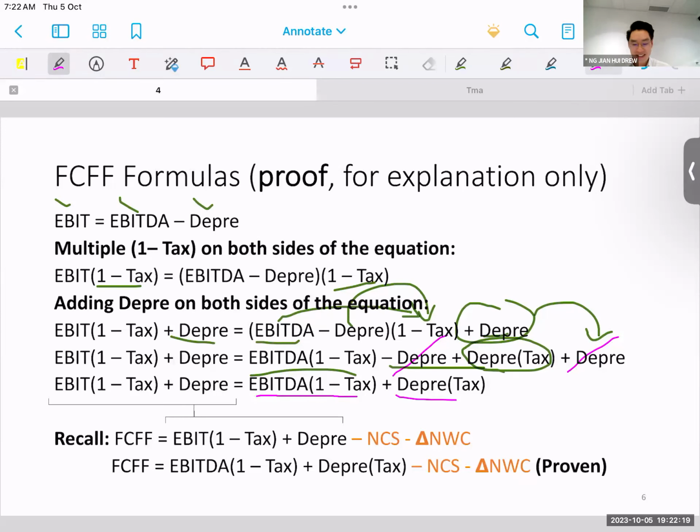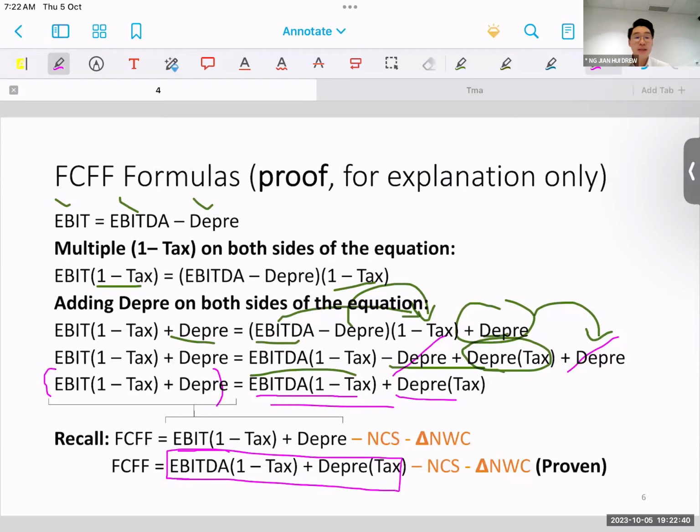All right. So now you can see why in the EBITDA formula, you actually add depreciation times tax. And as usual, since this equals this, I can just plug it back into the EBIT formula, right? And you get this.